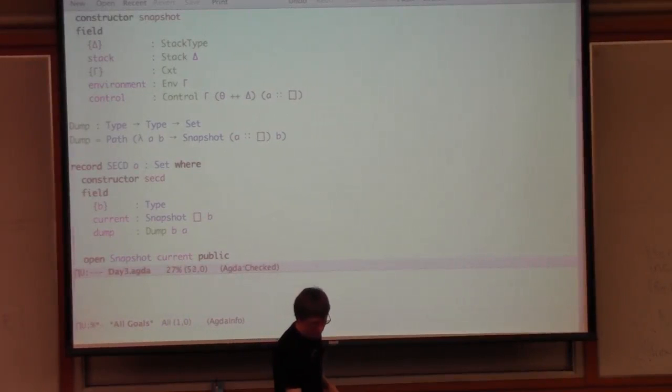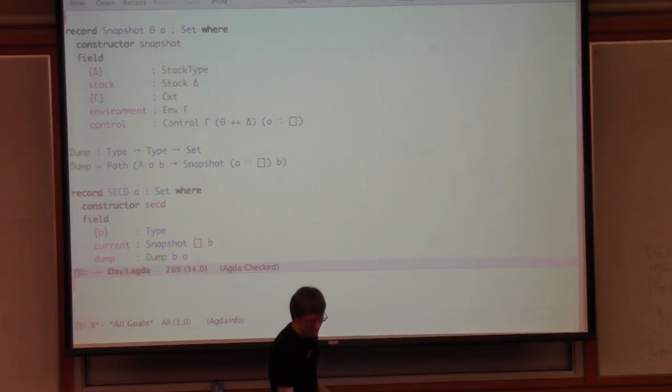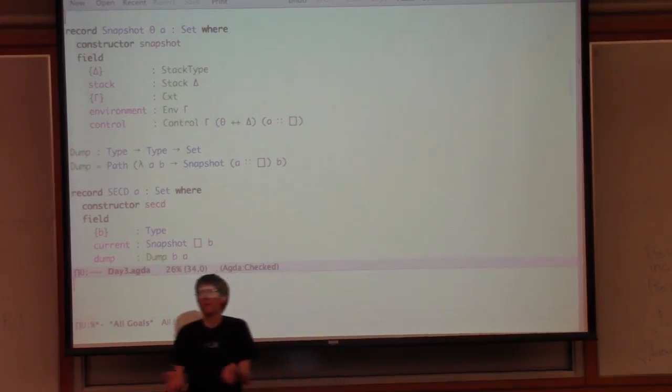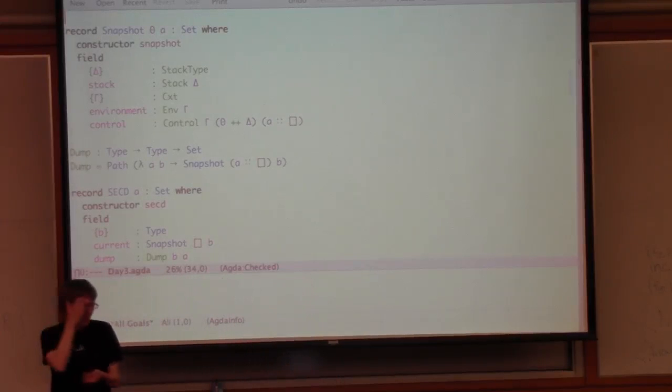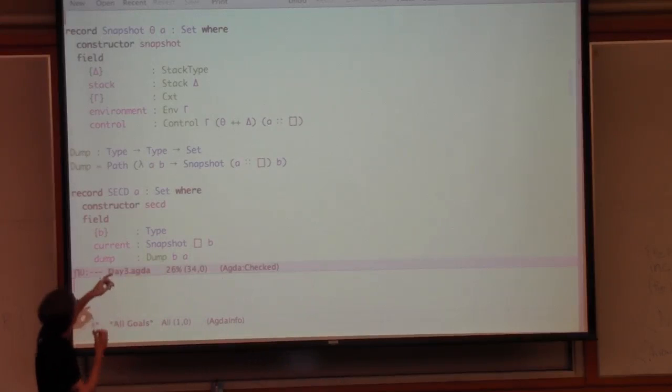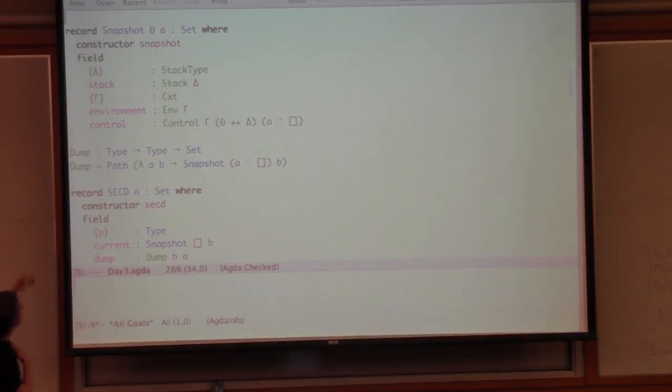Okay, so just to reiterate what we did, we had to think a bit, right? There were some cases, like with the snapshots, where we had to add this extra theta parameter, or j as we called it first, where we had to think about what is the structure of the thing we put on the dump.